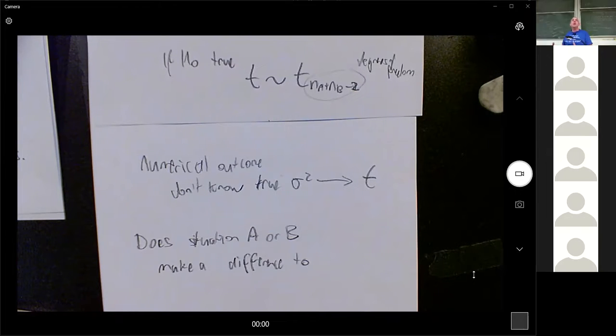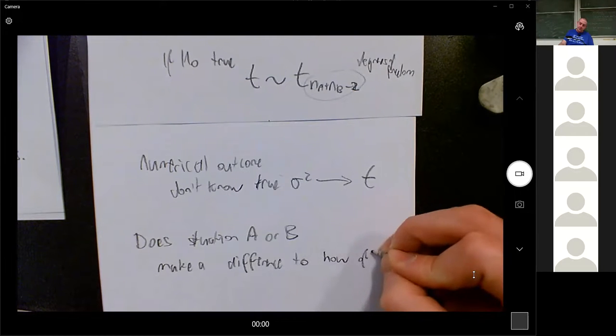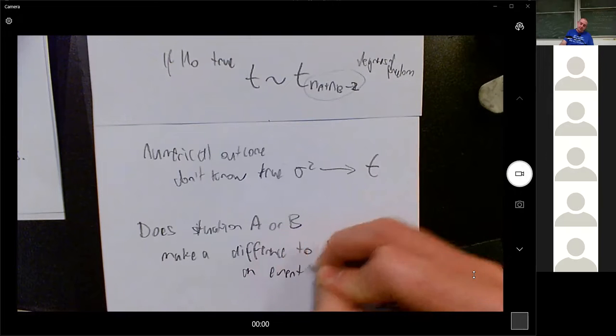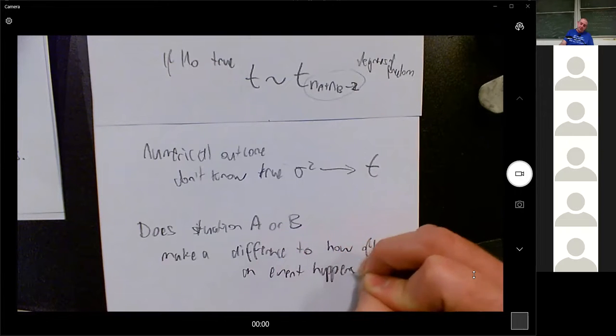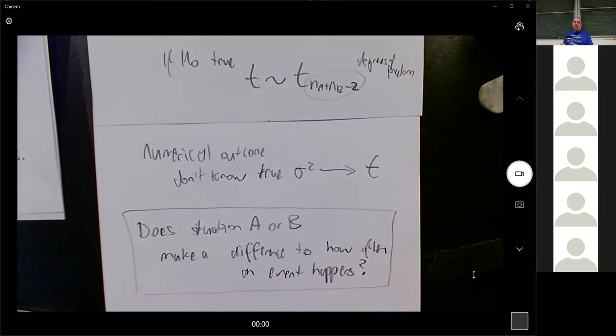That's not a numerical outcome, it's just a word outcome. Thing happens, or thing does not happen. Does a situation A or B make a difference to how often an event happens?